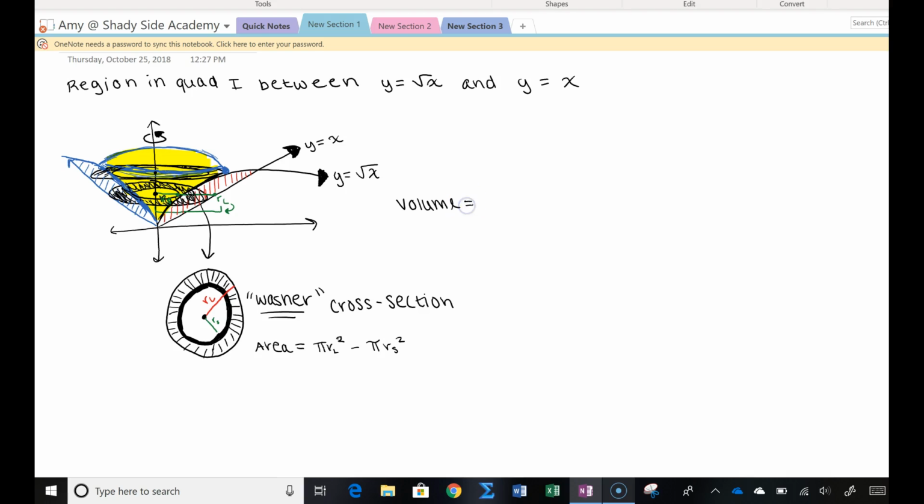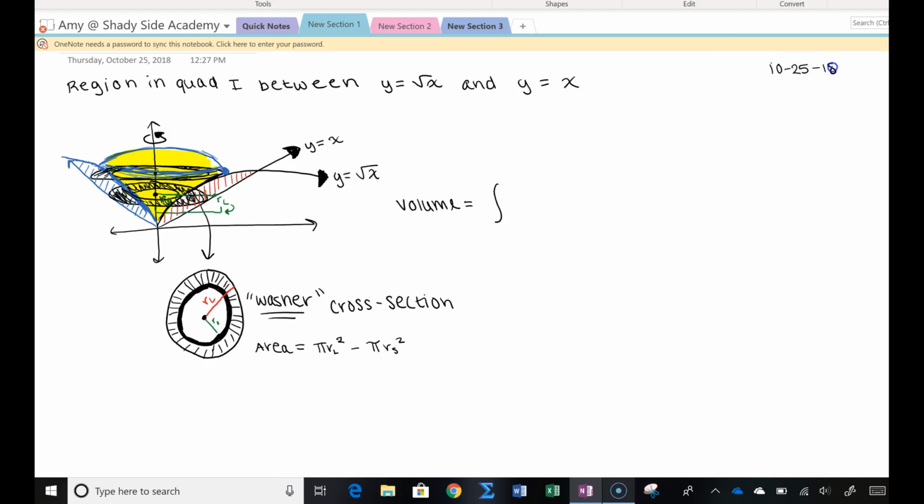Now, let's talk about this. The dummy is y. See, I'm going about this very carefully. The dummy is y because the cross sections are stacked over an interval of y. What is the interval of y over which those cross sections are stacked?